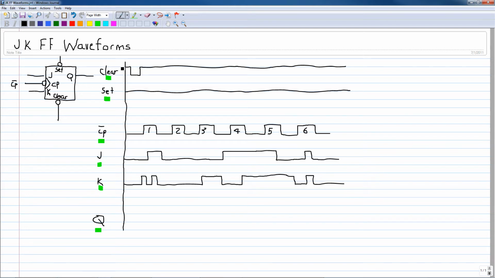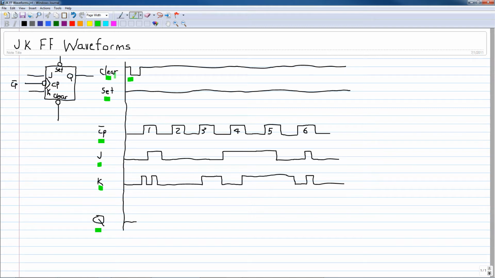However, the clear input is high but then momentarily goes low. Based on previous videos, we know that as soon as that happens, then the Q output is going to go low. So it starts off, the Q output will go to low. That occurs due to this transition there.